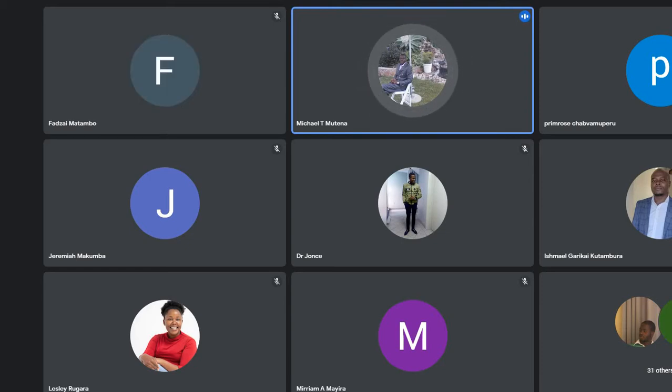I'm just trying to summarize. Then we go on to processing and interpretation of the data, which also leads to data visualization. Then after that, we're now talking of decision making and also performance measurement.